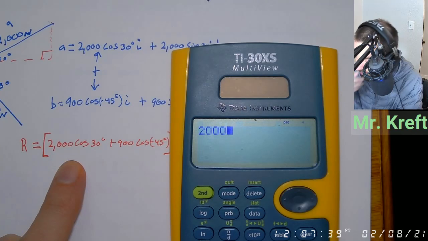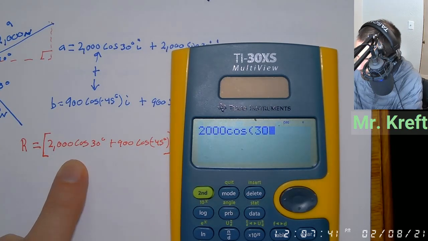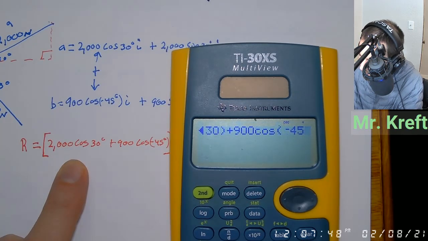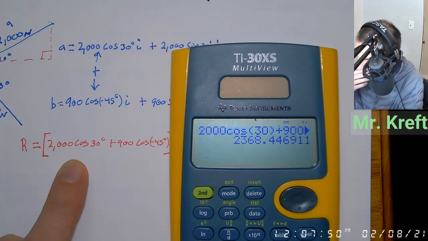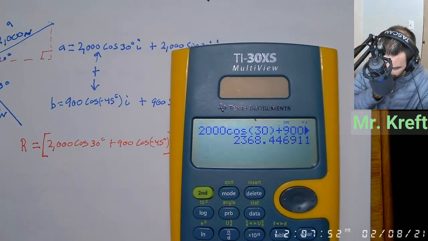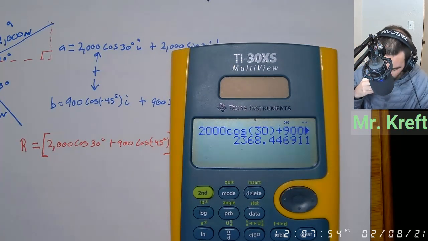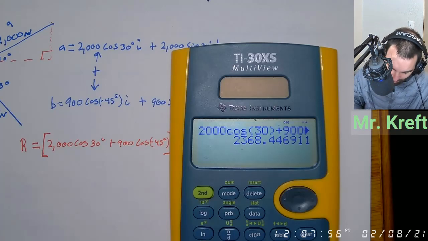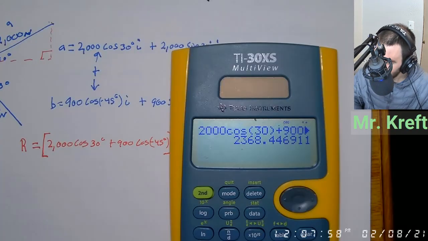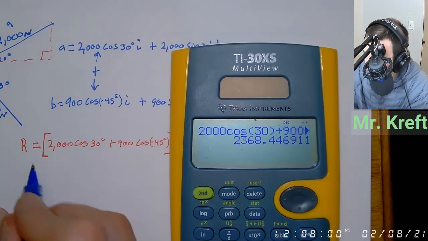So let's go here. 2000 cosine of 30 plus 900 cosine of negative 45 equals. Oh, shoot. That's why. That's okay. All right.